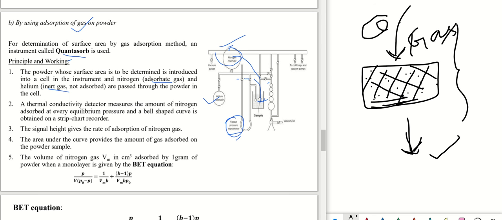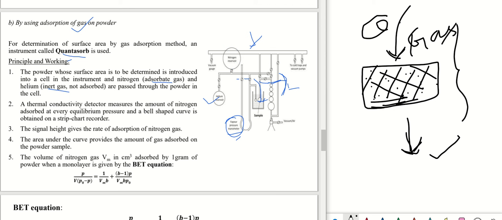Okay, and then the gas is sent through the sample and the exited gas, from this exited gas, we will be able to determine the surface area. Let's see how. Now as the gas gets exited, there will be some change in the gas volume here in this reservoir, right?